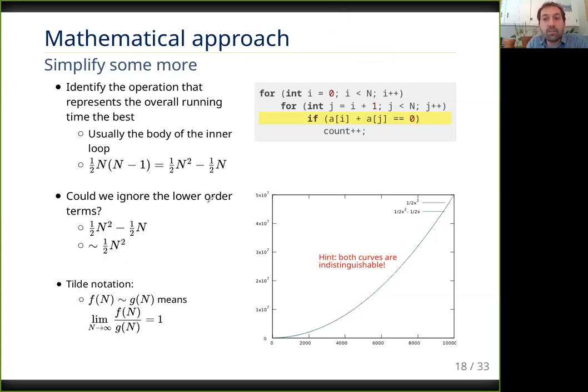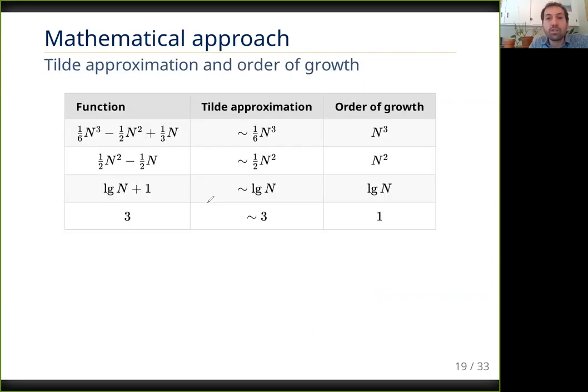Tilde notation is definitely a good approximation for people doing algorithm analysis. For us, it's still a little too precise. Most of the time, we're going to talk about something called order of growth.